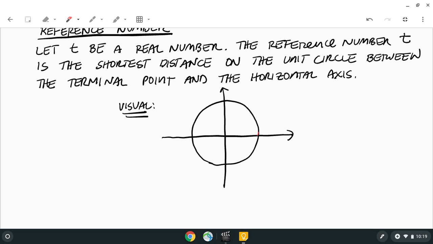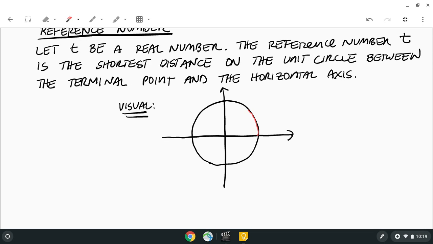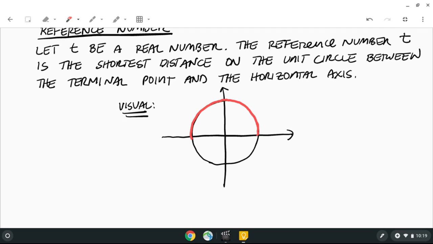Suppose you go here. I'm going to make it a little bit thicker. Hold on a second. So suppose you travel along your circle and you stop right here. So this is your terminal point, right?